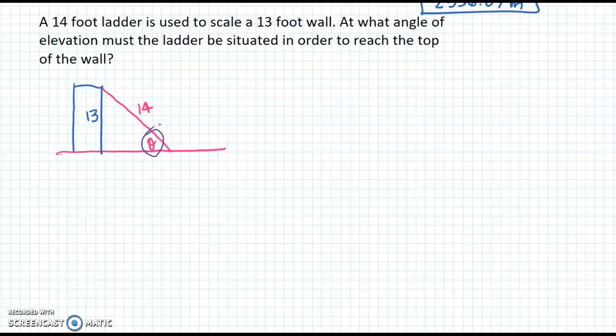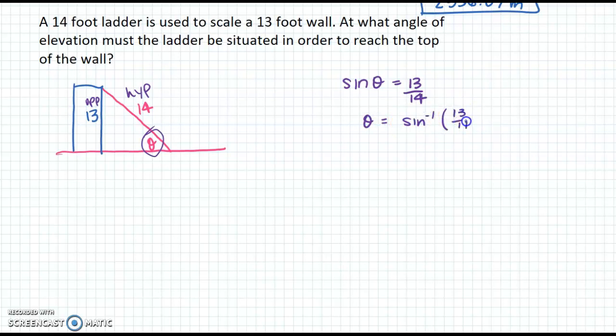Remember, you can put whatever letter you want in there. A lot of times when we talk about angles, we use Greek letters. The popular one is theta. So looking here, looks like I have another sine. I have the opposite and the hypotenuse, which is sine. So I have the sine of theta equals 13 over 14. This is when I need to go to my calculator and do the inverse sine.